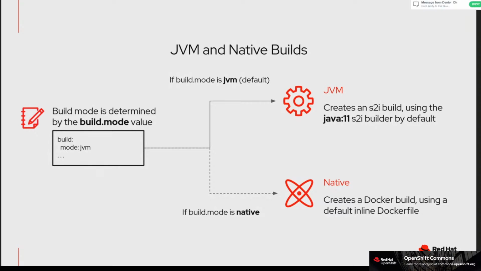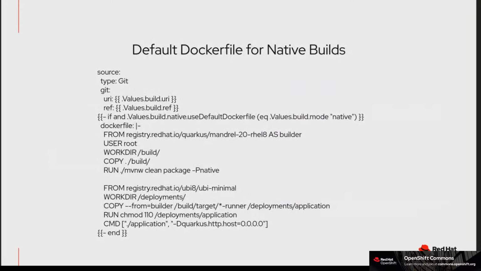If you choose build.mode equals native, then it'll give you a default inline Dockerfile as an additional build config input. And if you want to override that Dockerfile, of course you can, but it tries to give you as much as possible by default. So you have to do as little work as possible. So here's what that looks like in your build config if you choose a native build.